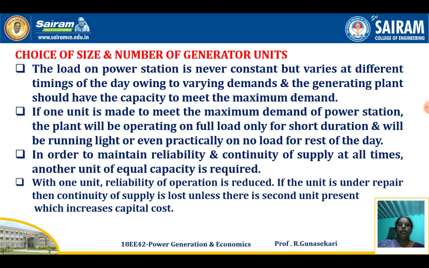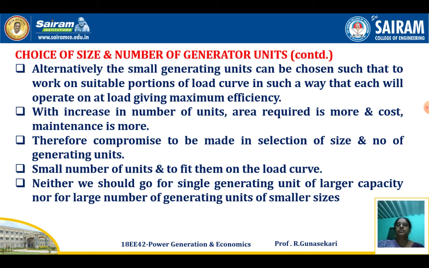In order to maintain reliability and continuity of supply at all times, another unit of equal capacity is required. With one unit, the reliability of operation is reduced. If the unit is under repair, then the continuity of supply is lost unless a second unit is present, which increases the capital cost.